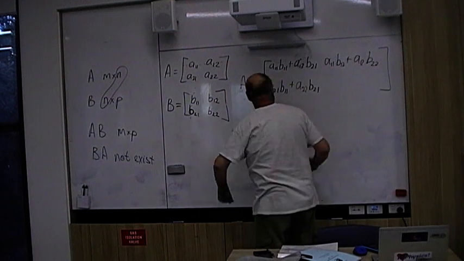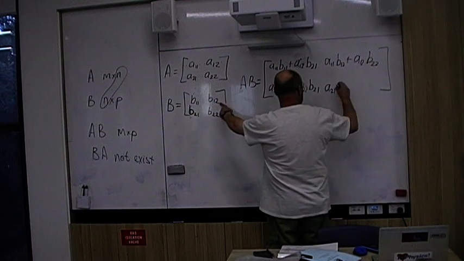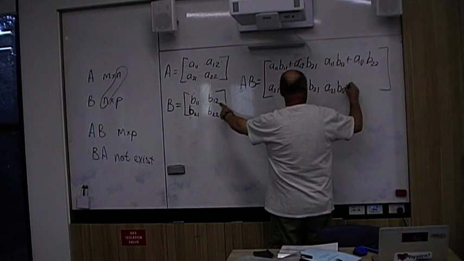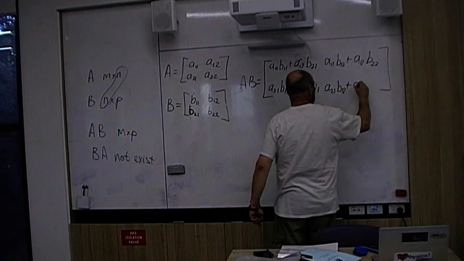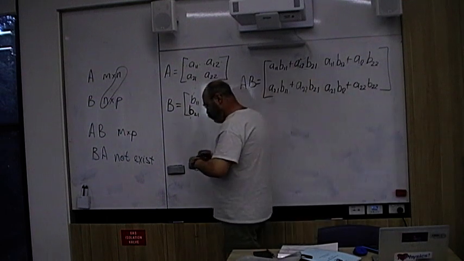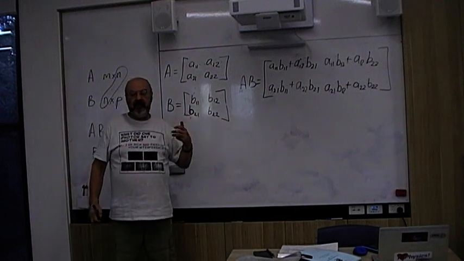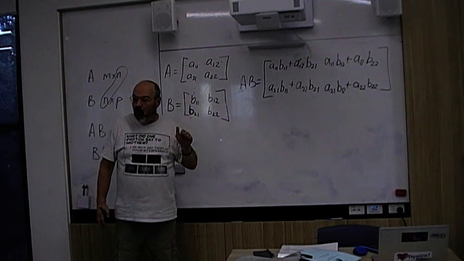So A21 times B12 plus A22 times B22. So you always look at which position you're looking for, and you multiply the appropriate row by the appropriate column.